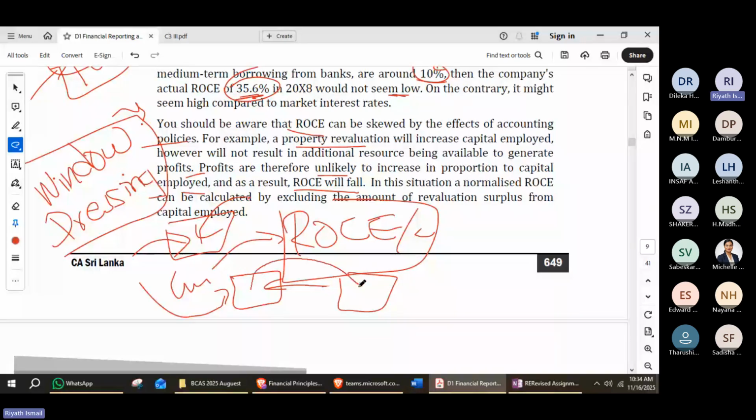By selling their existing machine or land, they can make a huge profit. This profit is attributable only to that year. By looking at this ROCE, we cannot take a decision about getting a loan, because these are not continuously or frequently occurring.